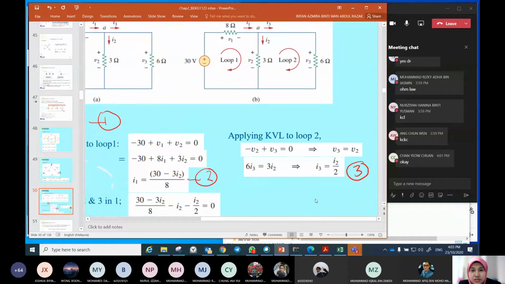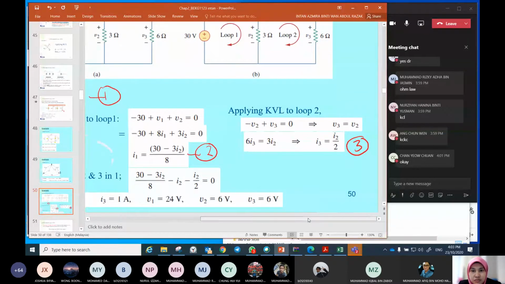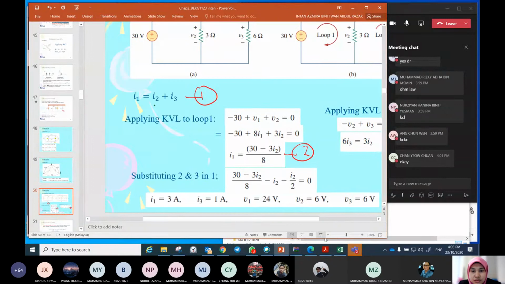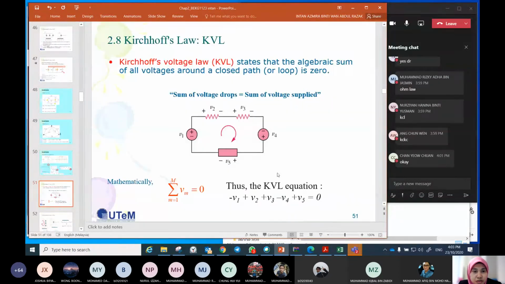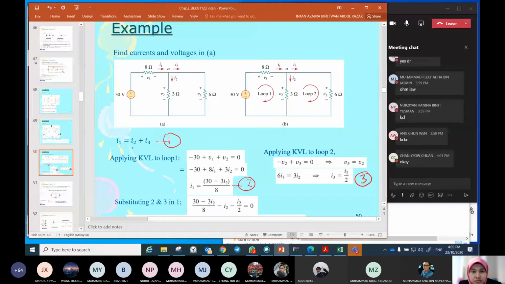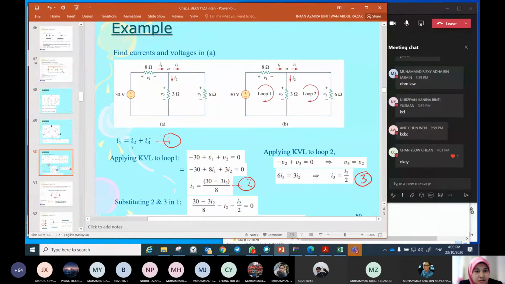Now we have 3 equations, and then we can solve them. There are 2 ways. This is the first method: substitution. We substitute the second and the third into the first.